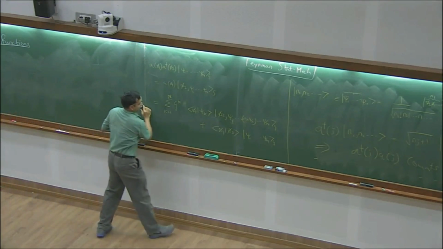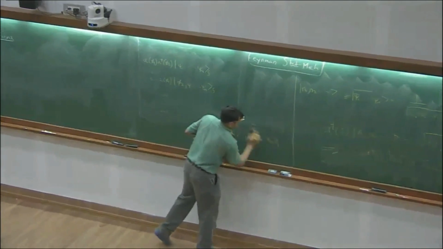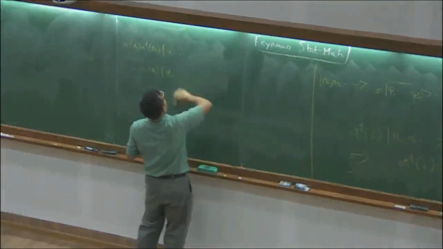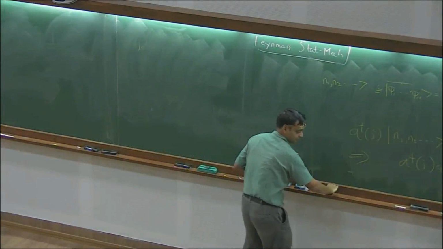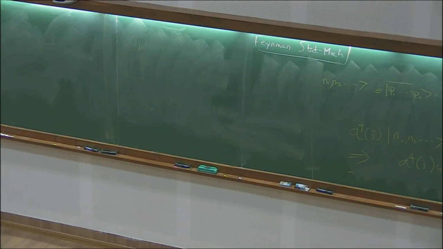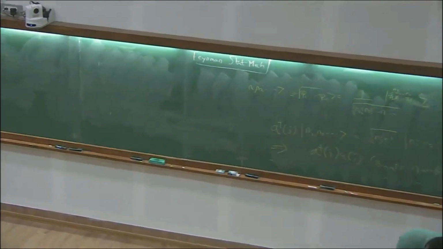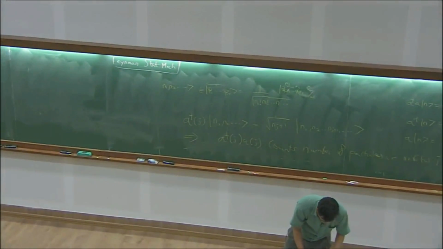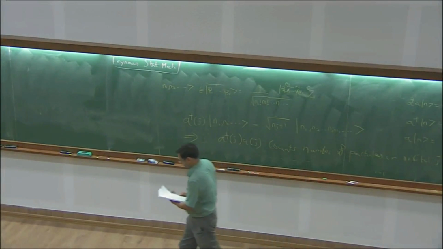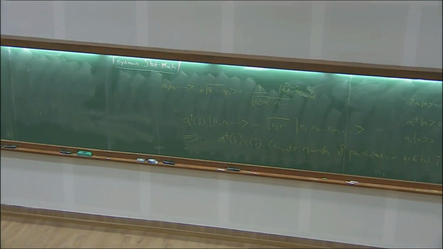So let's go back to the transverse field Ising model. Let's recap from last time.